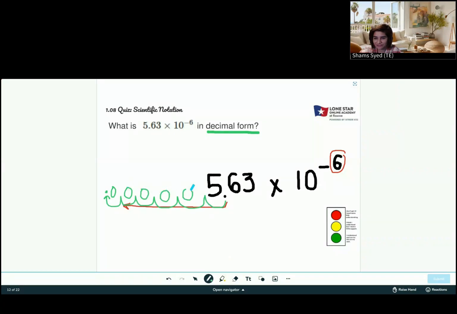I added 5 zeros. So the new number becomes something like this. There's 0 point, then there's 5 zeros. I will space out a little. You see now 5 zeros, and then 563. It's always a good idea to space the numbers in threes. That's how mathematicians do it.